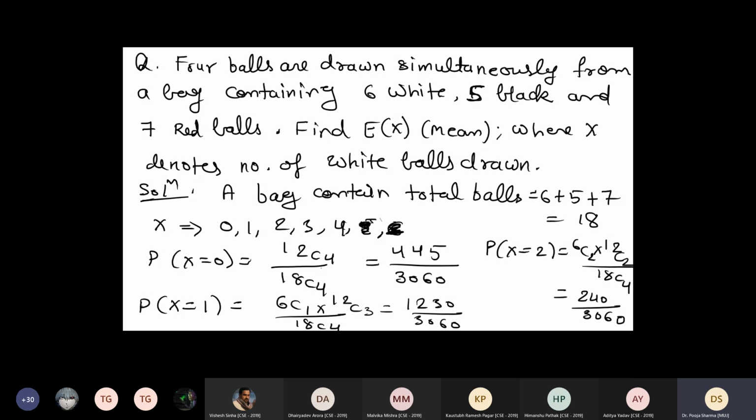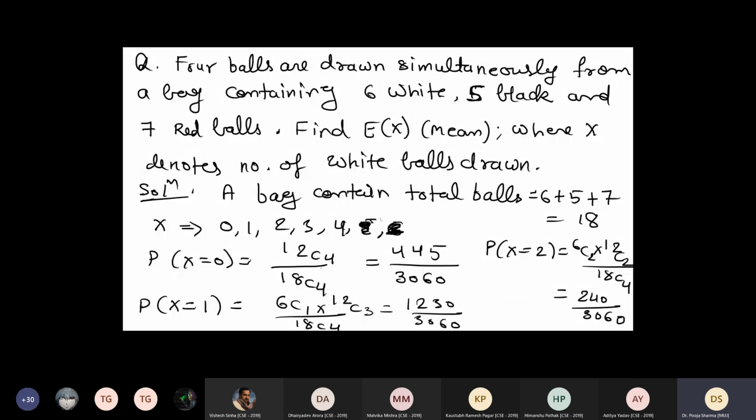So firstly, let me know what should be the range of x. 0 to 6? 0 to 4. Okay, because sometimes students think that since it's given white balls drawn, it depends on the total white balls.